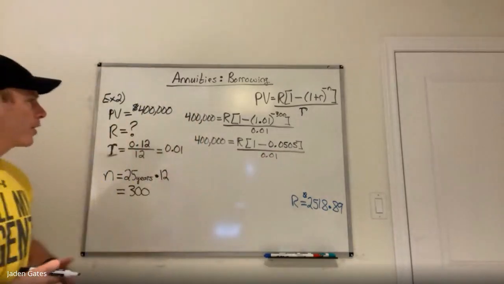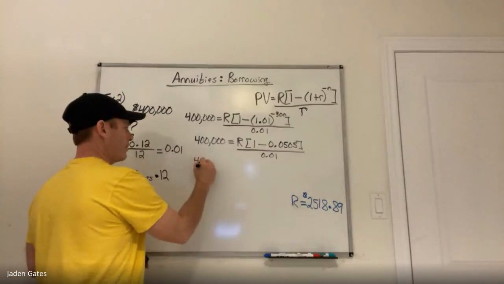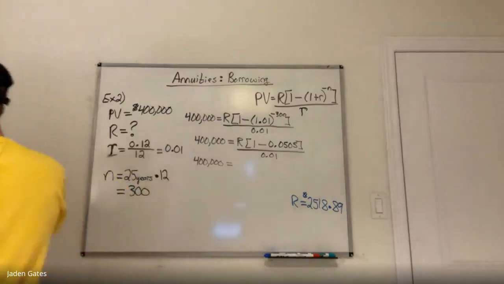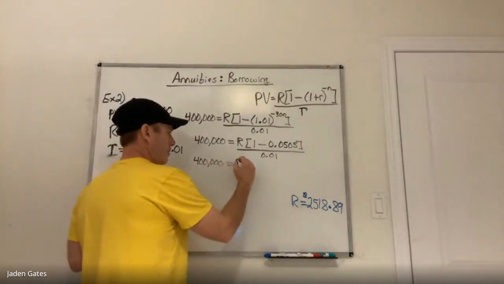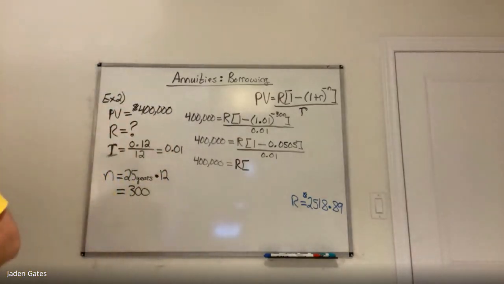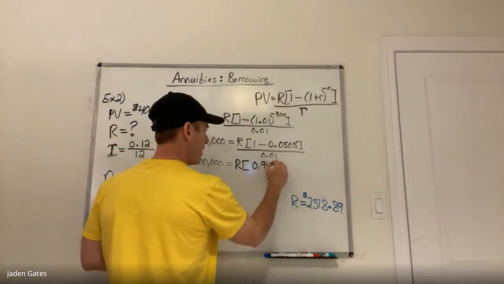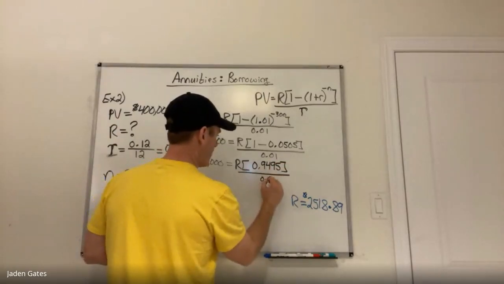So continuing on with our brackets, I have 400,000 equals R times 1 minus 0.0505, which is going to be 0.9495. And of course, 0.01.